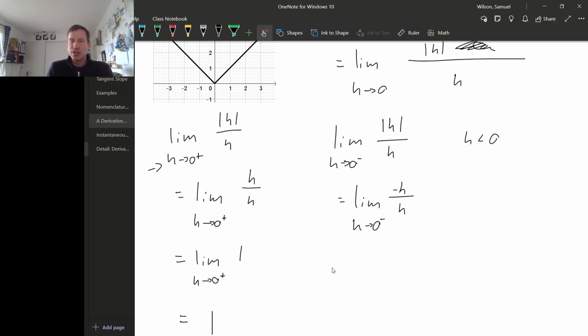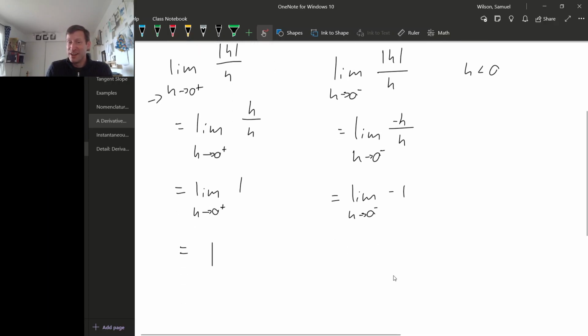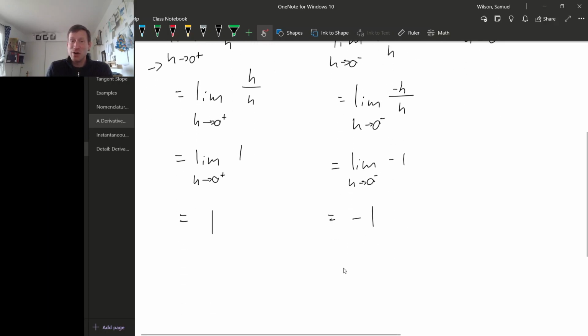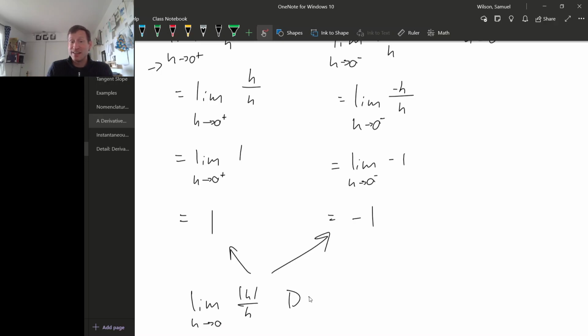Okay, over h. And now when we simplify, we get limit as h goes to 0 from the left. Negative h over h is minus 1, and so this limit is minus 1. So we see that these two one-sided limits don't agree. So the two-sided limit as h goes to 0 of absolute value of h over h does not exist.